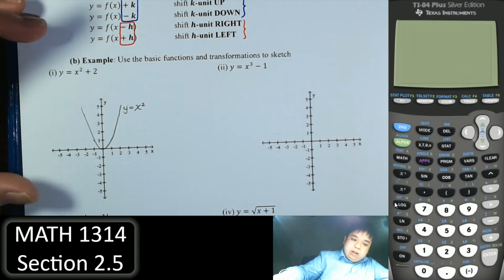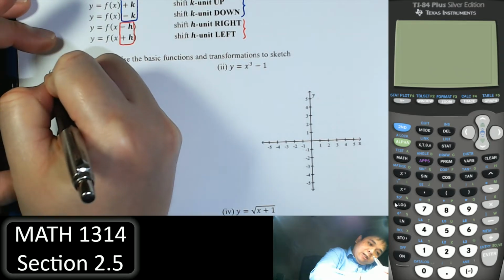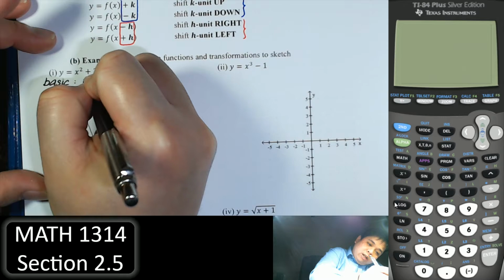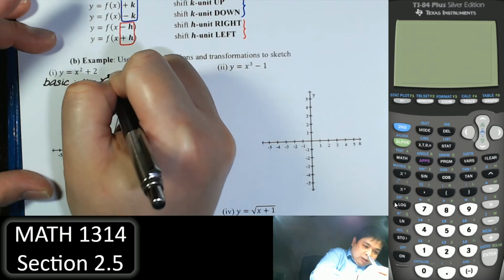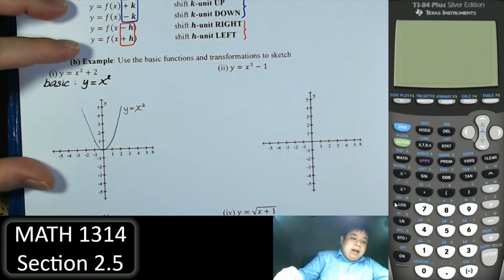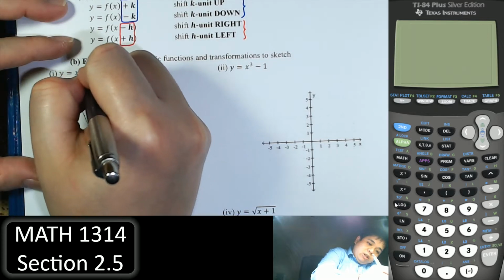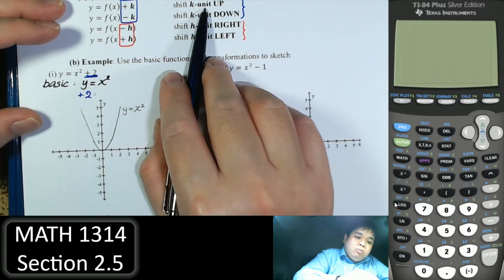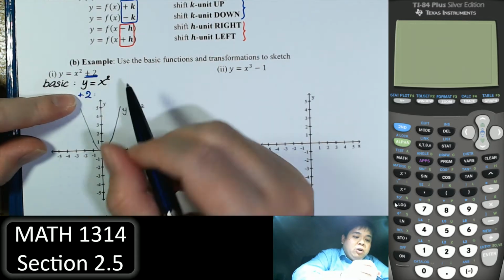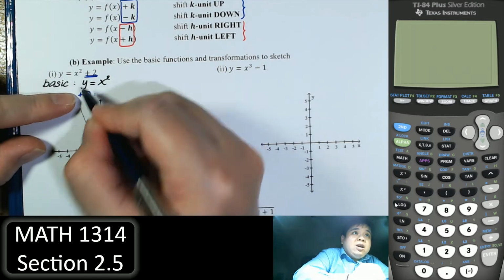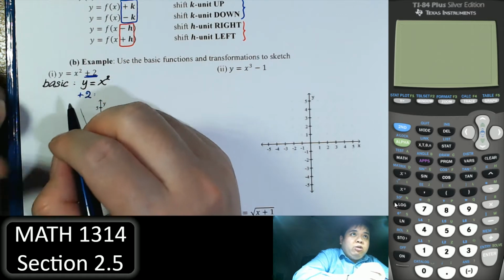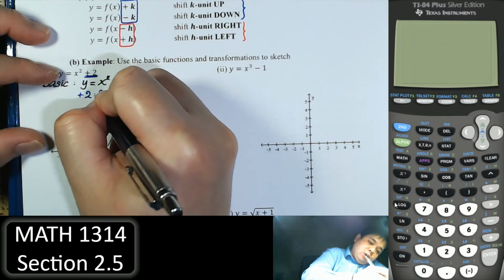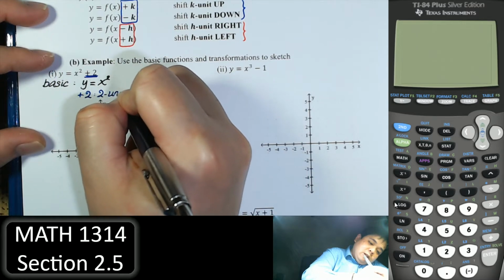So we start with the basic function y equal to x squared. And then after that, we're going to add 2 to it. And if we add 2, we're going to move the graph 2 units up. So pretty much if we add 2 here, we add 2 to the y values. Therefore, we move the graph up 2 units.